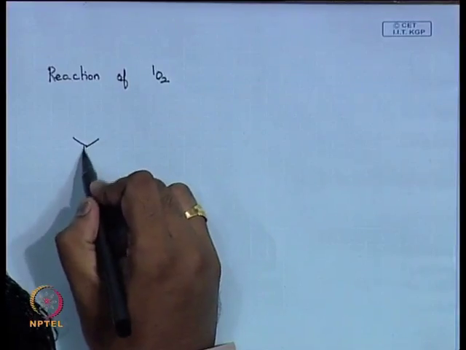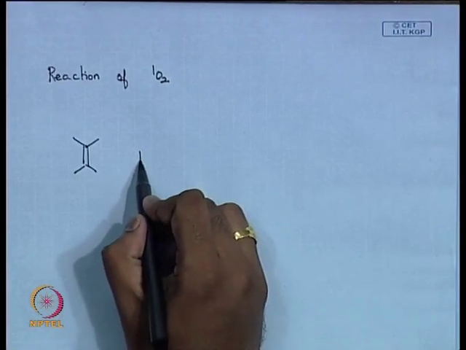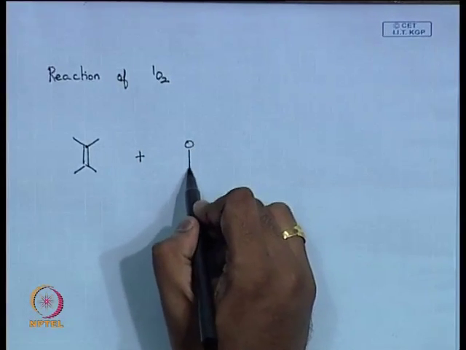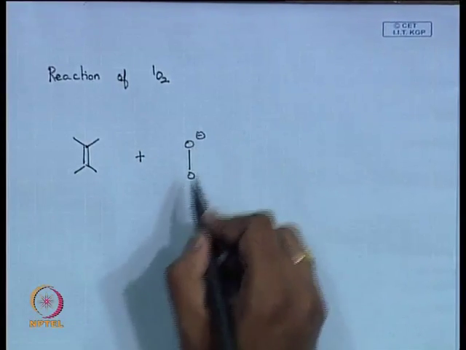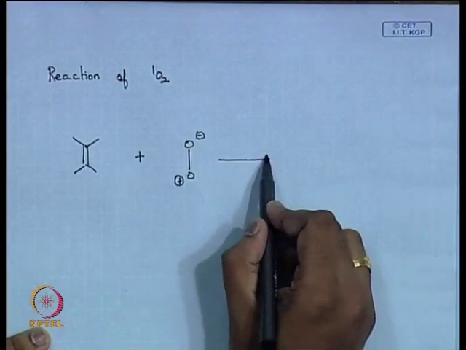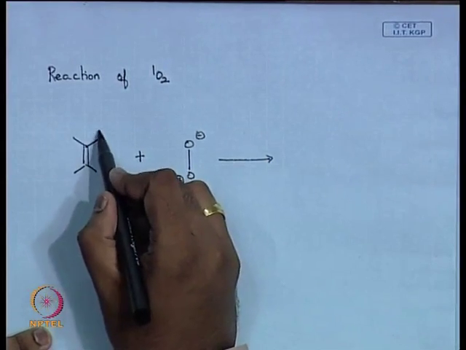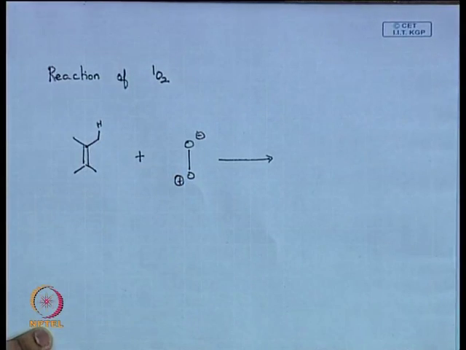What is this? If I have an alkene like this system, I can write my singlet oxygen like this. I think I have generated a singlet oxygen. What does it do? See, I have a hydrogen.